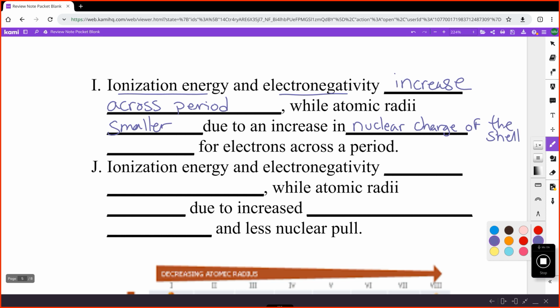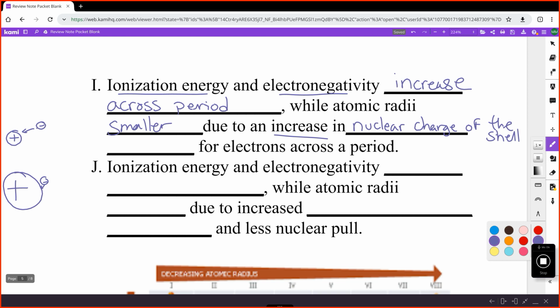And so with a stronger pull, here's my example. Boom, there's a nucleus. It pulls on an electron like so. But if we increase that nuclear charge, that big, big positive, that negative is much more attracted and it shrinks the size of the atom.